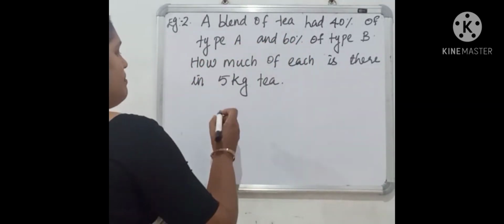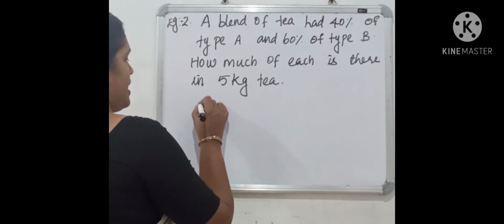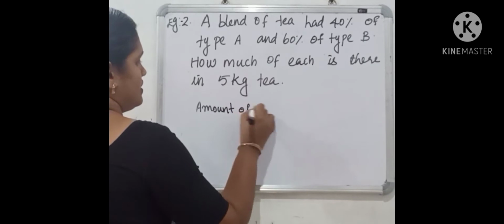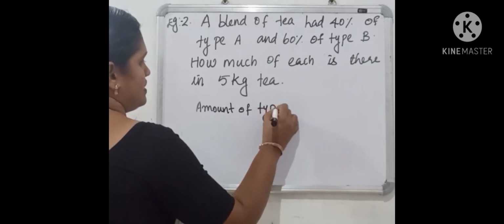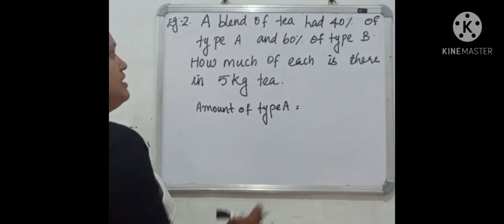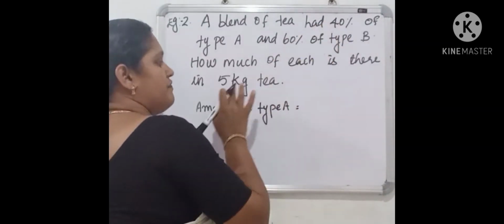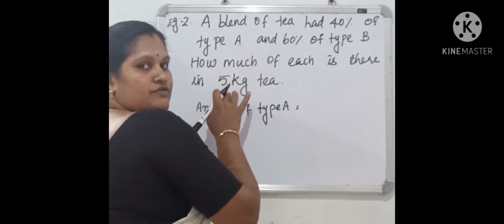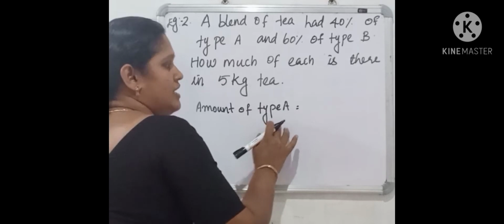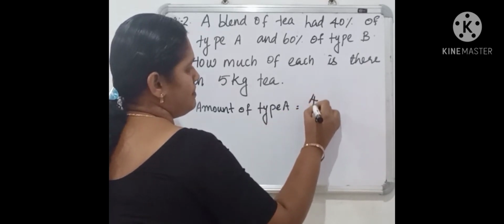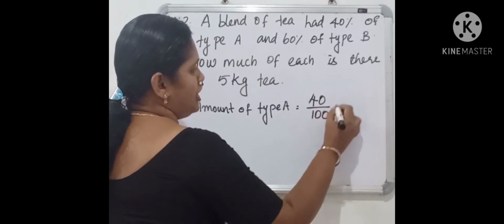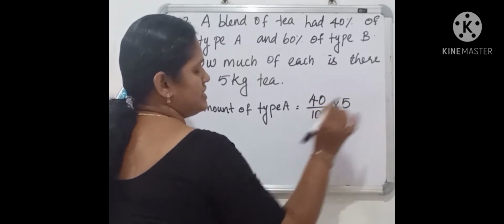Here we have to find the amount of type A and the amount of type B. Amount of type A: how much? 40% of 5 kilogram. So we can write 40% means 40 by 100 into 5 kg.